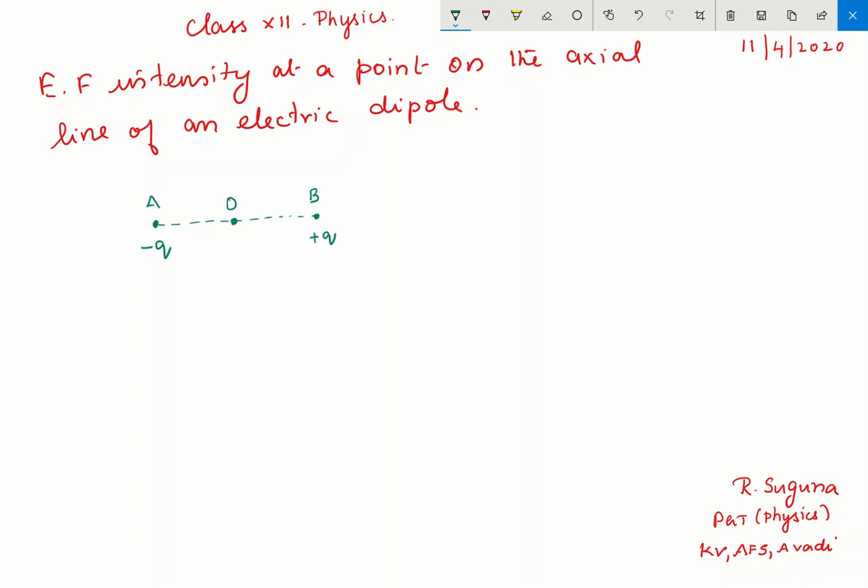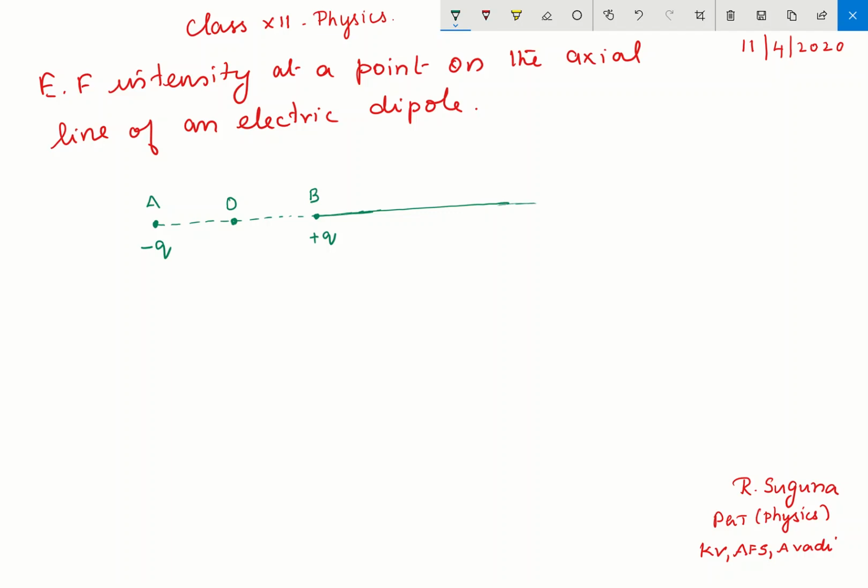Axial line means along the length of the dipole, if you draw a line along the line joining both the charges. So this is what is called the axial line. Let me extend this slightly. This is the axial line.